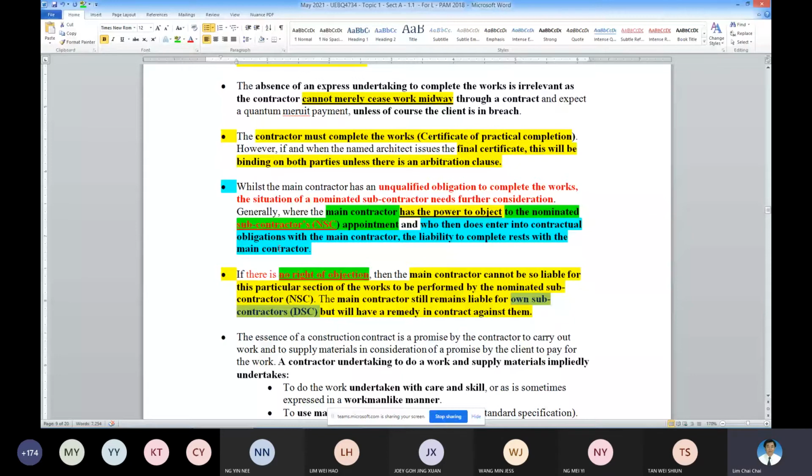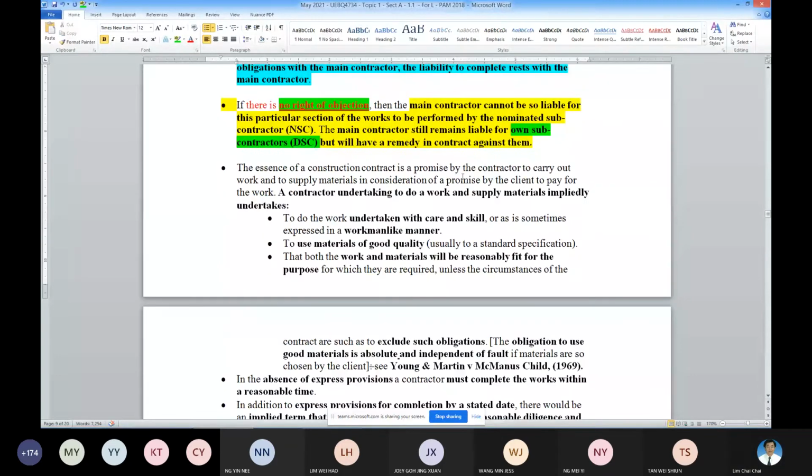And the next thing is, it is the contractor's responsibility to carry out the work and supply material. To carry out the work with care and skill, and in a workman-like manner. That means doing your work in a proper manner, and also to use material of good quality.